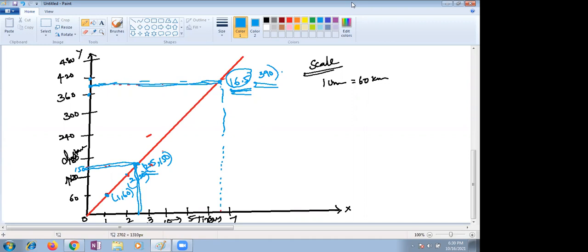Once you find one or two values, you have to locate them. There are also a few questions: in 150 kilometers, how much time will be taken, and in 6.5 hours, how much distance will be traveled. Those are the two questions. Based on this graph, you can find that distance.